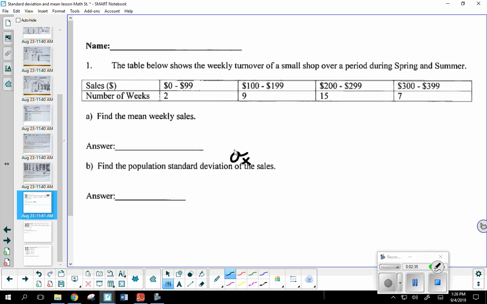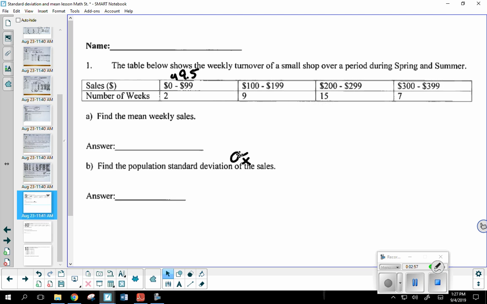So what's halfway between 0 and 99? Okay, so we'll say 49.5. And then you'll notice there's always going to be a pattern if the intervals are the same width. So we have 100 to 199, so that should be 149.5. And then we'll go from there.